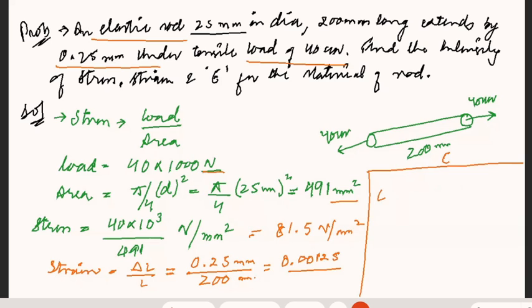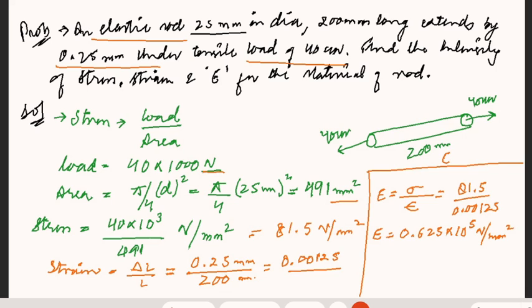We will see what the modulus of elasticity will be. In order to calculate it, you know it is equal to stress divided by strain, epsilon. Stress is 81.5 divided by 0.00125, and the value for modulus of elasticity comes out to be 0.625 into 10 raised to the power of 5 Newton per mm square.